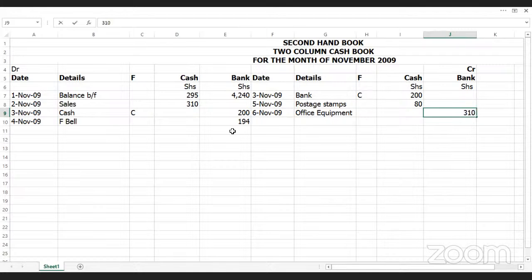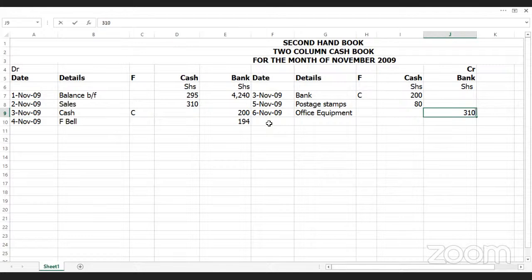Okay, thank you. What next? On the 7th November, we paid L route by check, shillings 194. We are paying, so we credit the cash book.